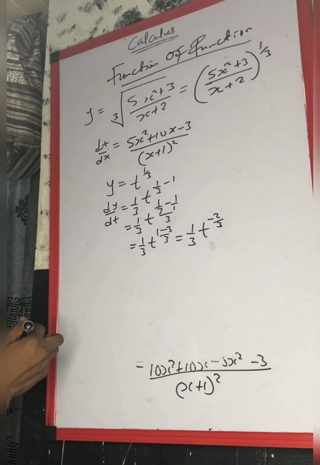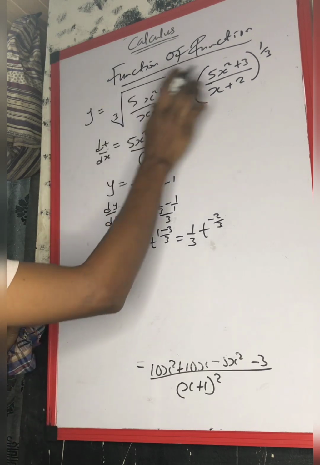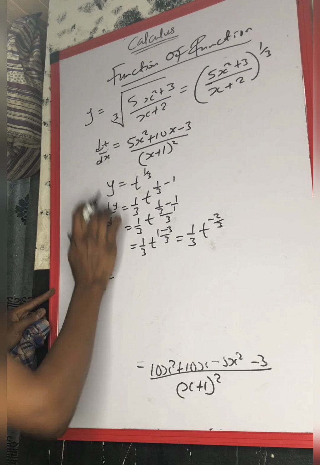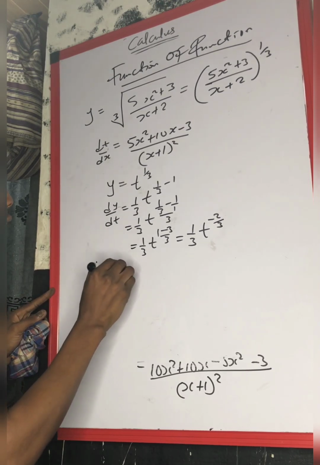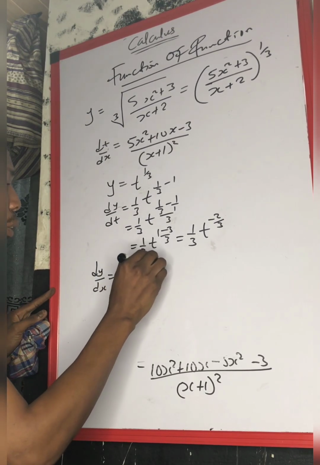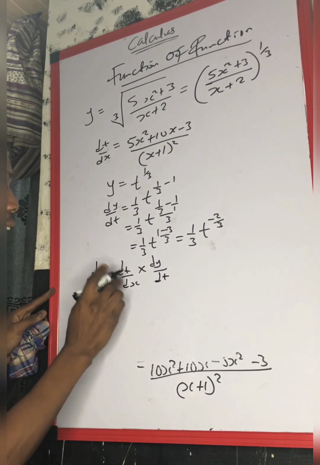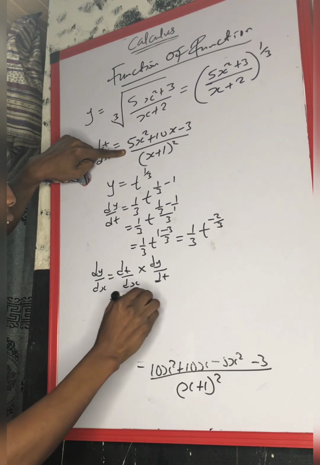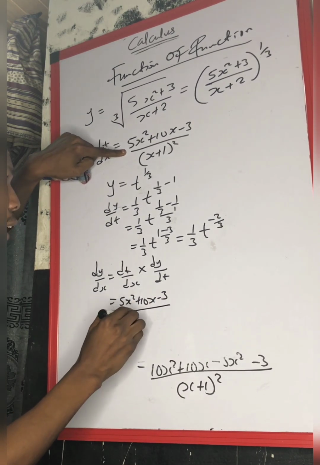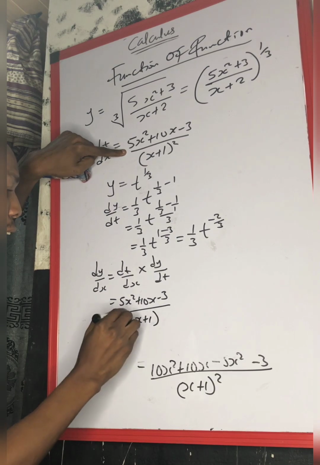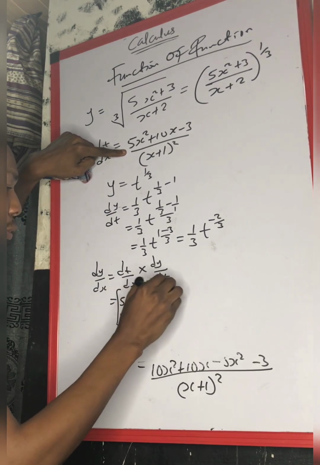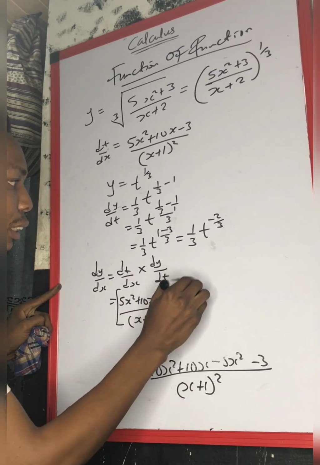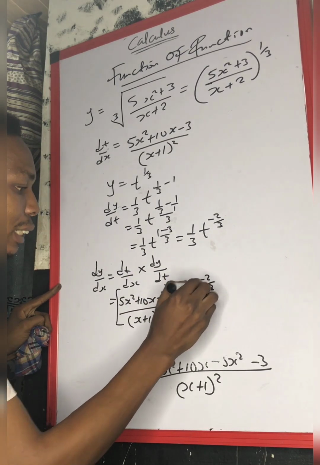So this time around, to get dy/ds, don't forget to multiply these two things together, which is dt/ds times dy/dt. And our dt/ds is written as (5s squared plus 10s minus 3) all over (s plus 2) all squared. Then times dy/dt, which is written as 1 over 3 t to the power of minus 2 over 3.